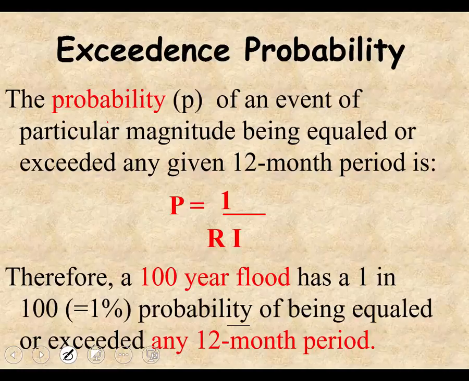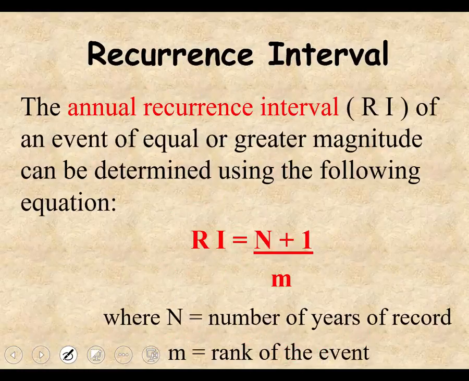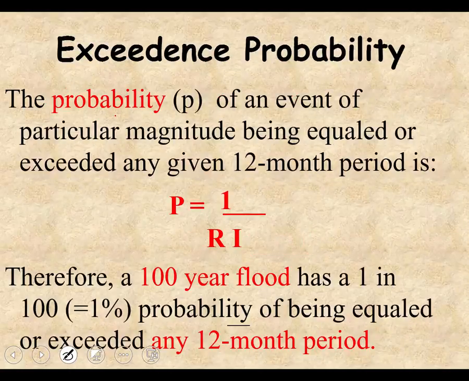Now, the probability of an event of a particular magnitude being equaled or exceeded in any 12-month period, and actually when I said the annual probability, we use that term, but we really mean within any 12-month period, because the water year is different from the calendar year, from the tax year, and so we're just talking about a 12-month period. It's the reciprocal of the recurrence interval.